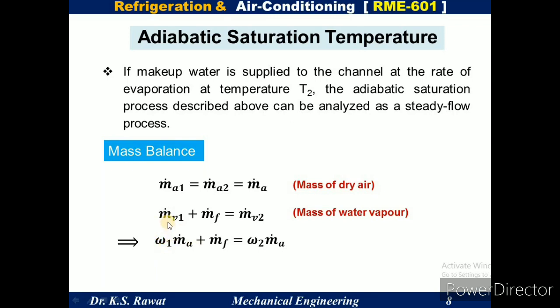So we can write omega 1 m dot A plus m dot F equals omega 2 m dot A. Now simplify this, and we get m dot F equals m dot A times (omega 2 minus omega 1). So we have the value of m dot F in terms of m dot A. Remember that this m dot F is the mass of water which is supplied at temperature T2.